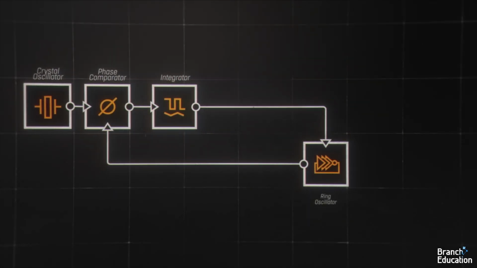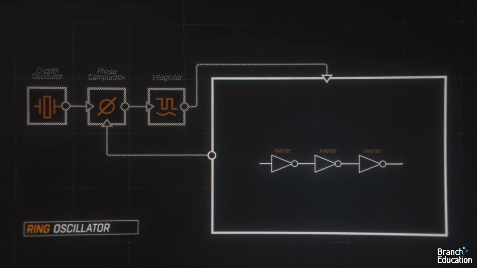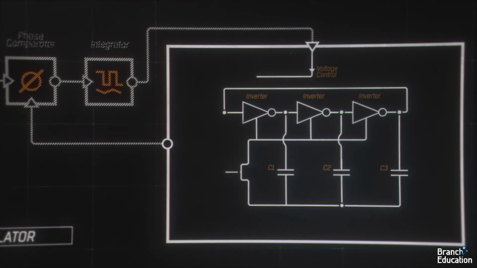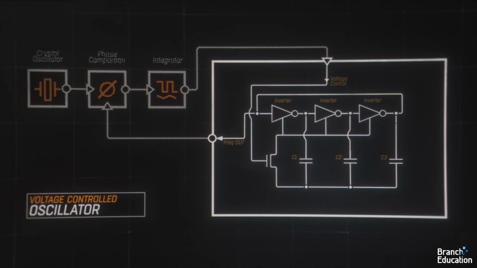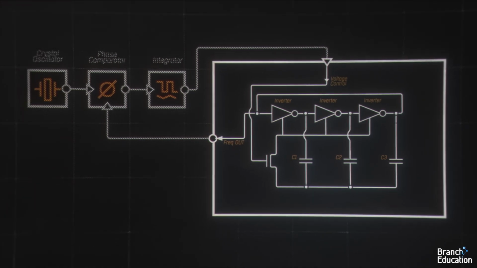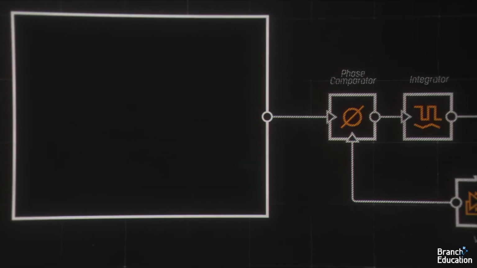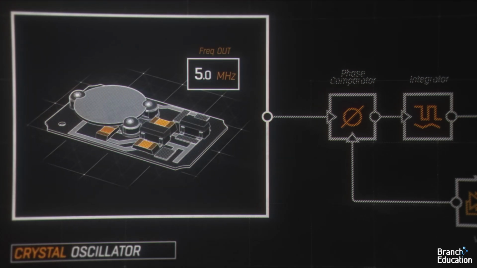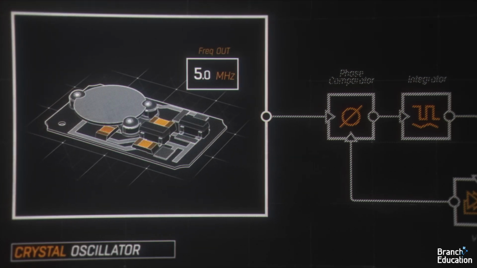On the right, we have the ring oscillator. And when we add some additional circuitry, depending on the input voltage, the output frequency changes, and the ring oscillator is now called a voltage-controlled oscillator, or VCO. On the left, we have a 16 megahertz crystal oscillator similar to the tuning fork crystal oscillator.